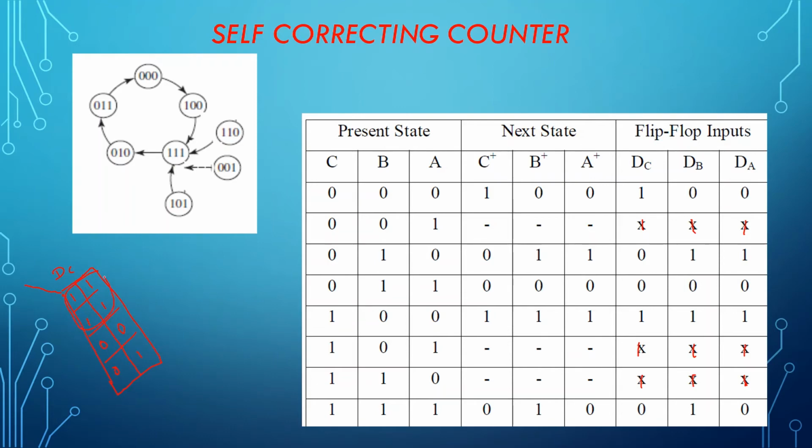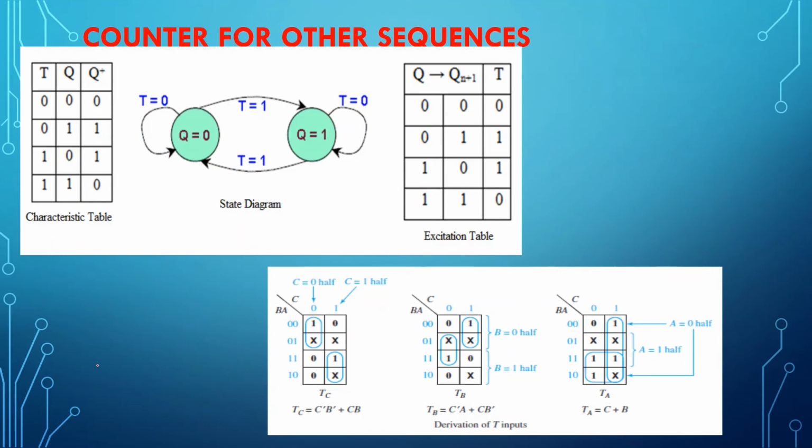So you get one quad here and you can go with one pair here. The term corresponding to this is B dash A dash. This is B dash A. This is BA. This is BA dash. This is how it is to be written.